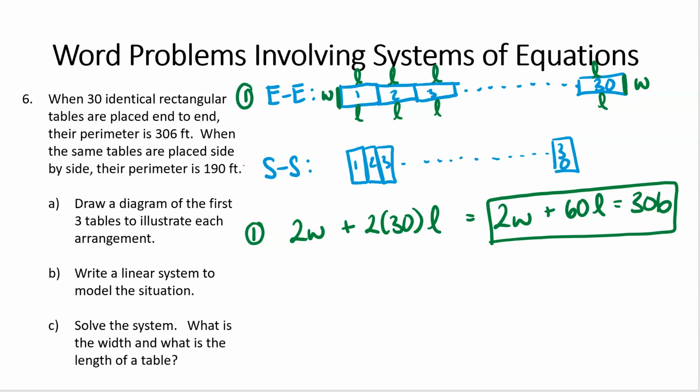Let's analyze equation number 2, the side-by-side arrangement. Here you have a width for each table on the top and the bottom.